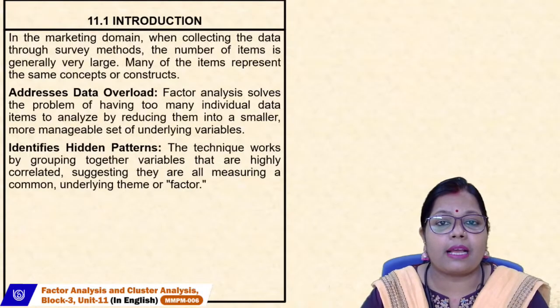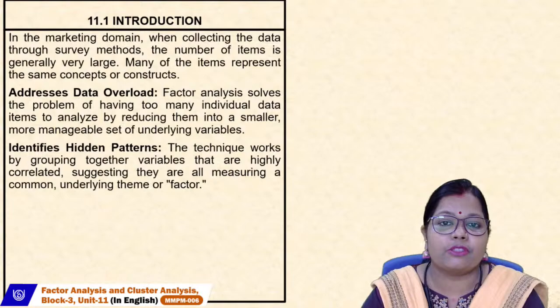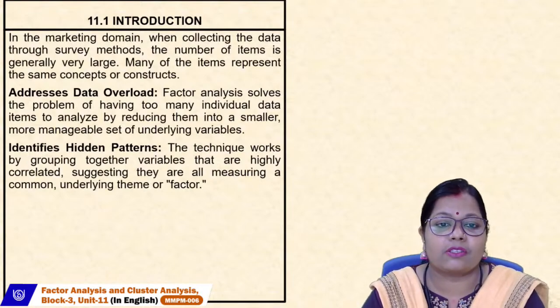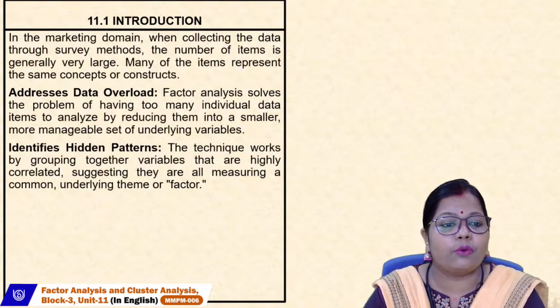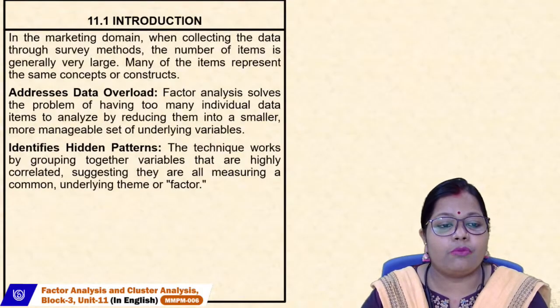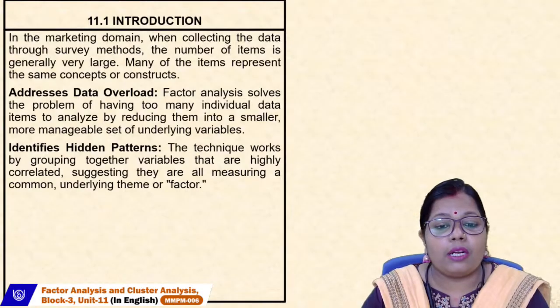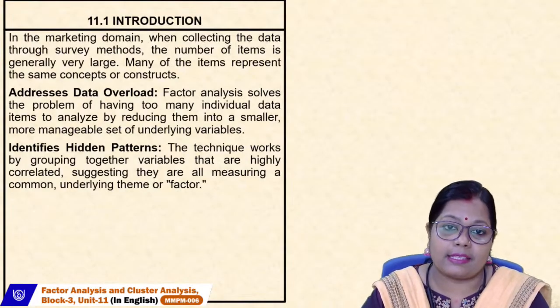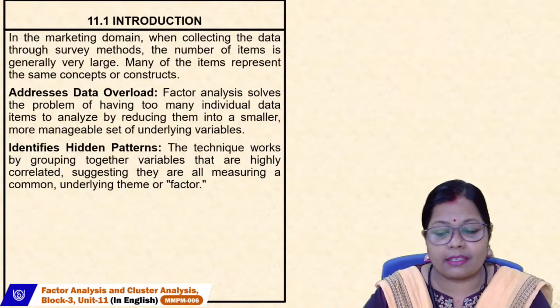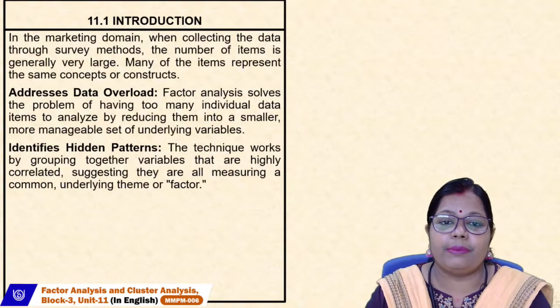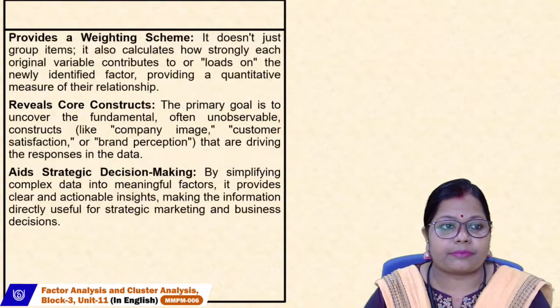If correlations are very high between the questions, then we put these questions together under a factor, and here the correlation theory works. Correlation tells us that all are measuring a common underlying theme, the factor. Then we designate this as a factor, and under that factor these sorts of questions will be studied.